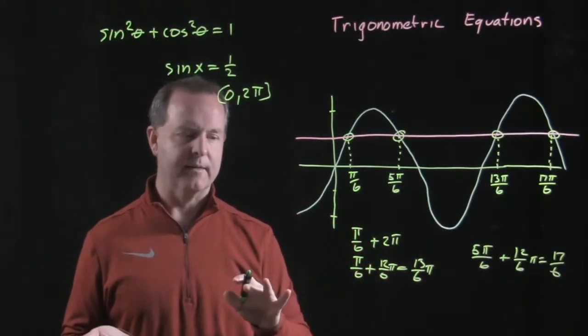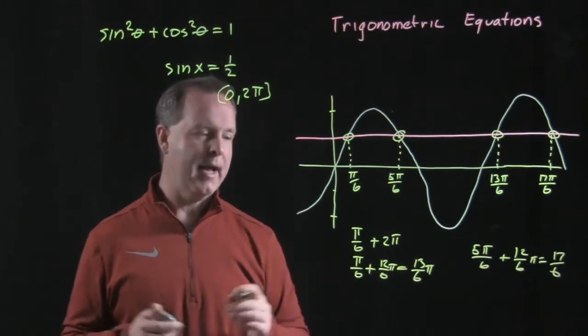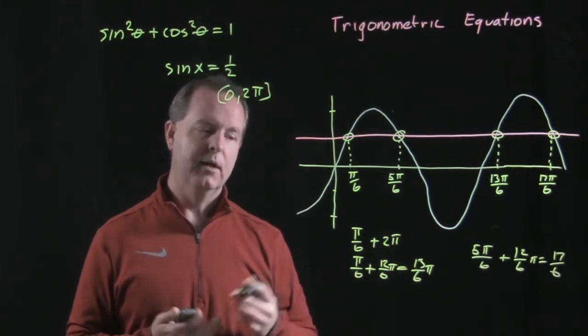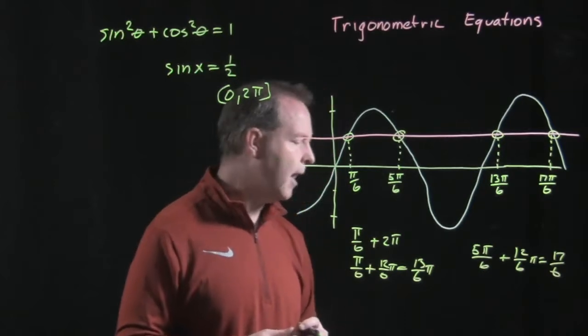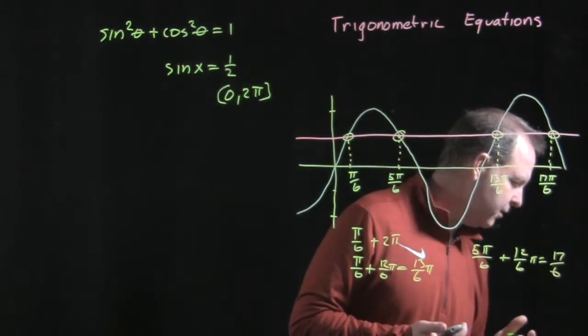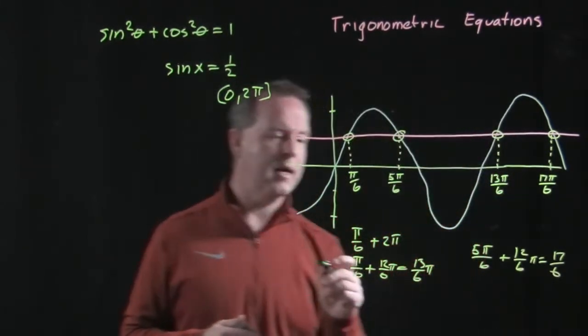So what do we do then? Do I just keep adding 2 pi as we continue along the way? Rather, what we're going to do is use n, typically for this one.